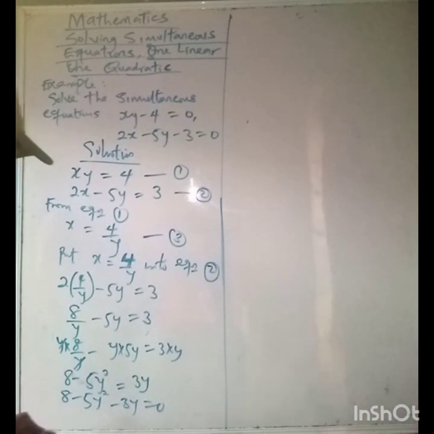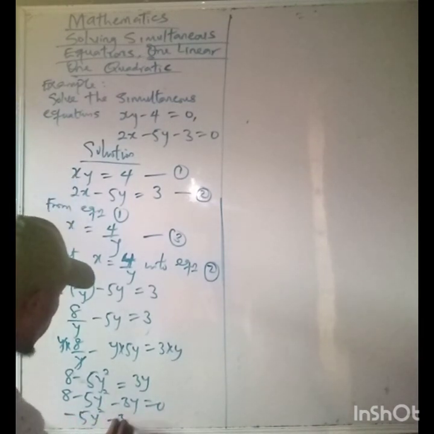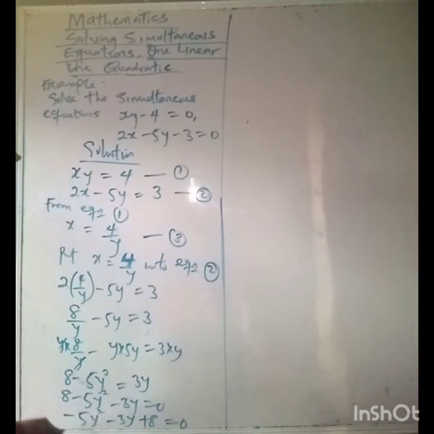On rearranging, we have minus 5y squared minus 3y plus 8 equals 0. So we arrange this and we got this. Now, on looking at this, let's make this coefficient positive by multiplying through by minus 1.